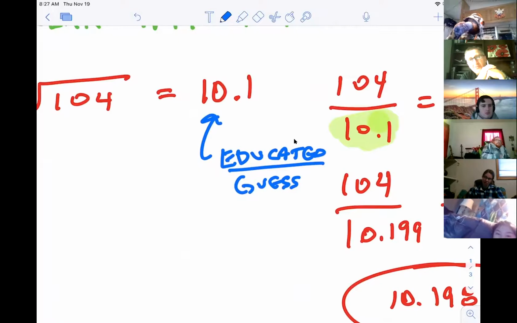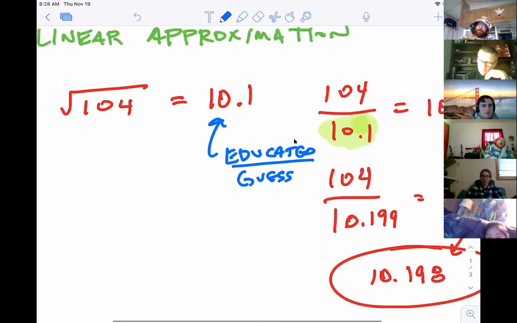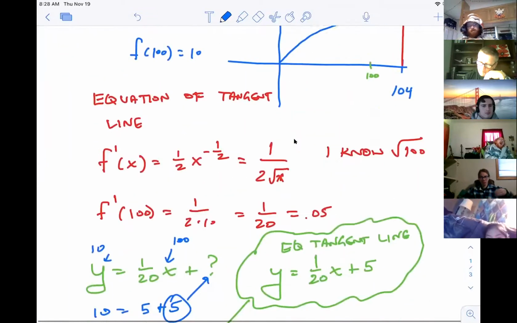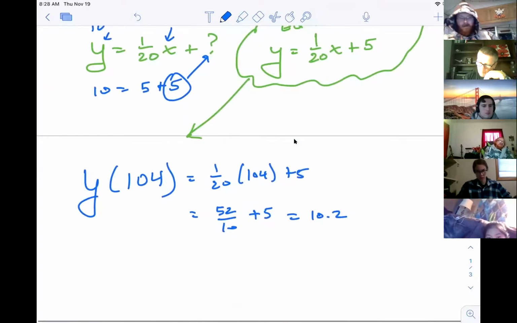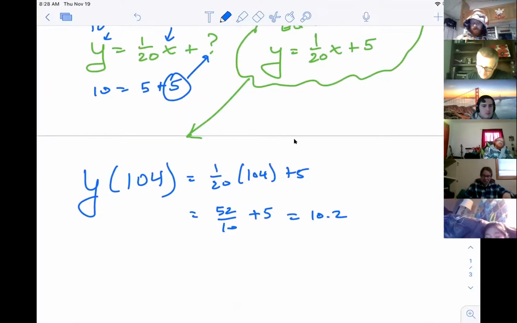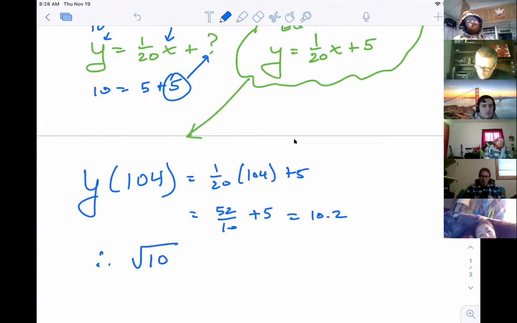Well, maybe you say, if we again used our brain to choose the point x is 100 because that was nearby and we know the square root of 100. So we can say then, hence, without a calculator, that the square root of 104 is pretty close to 10.2.